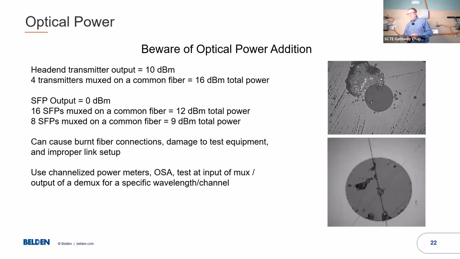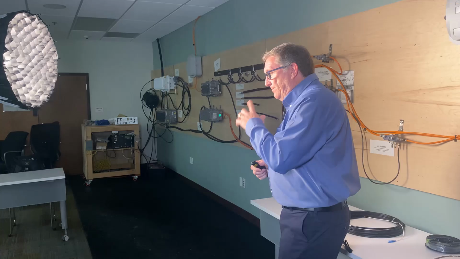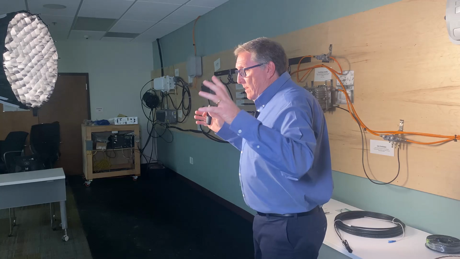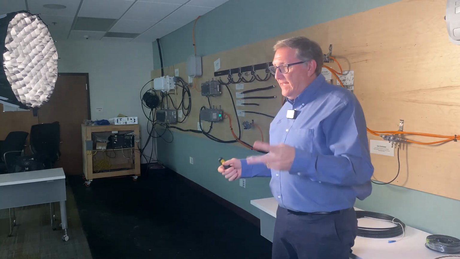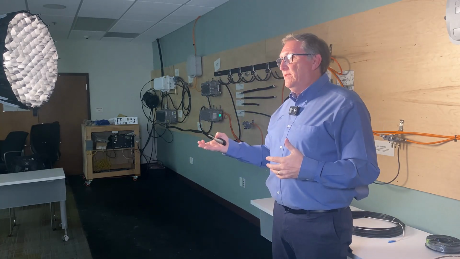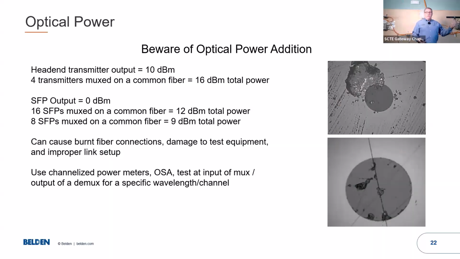This is a decent topic. Has anybody ever heard of total optical power, optical power addition? So the basic theory is every time you double the number of wavelengths, you add 3 dB to your total power.